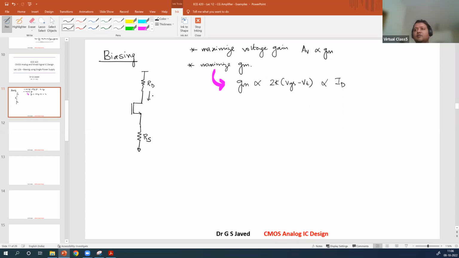If the current ID is flowing here, then this plus and minus sign will give you the VDS. And this is your gate supply, and this minus will give you the VGS. So to keep this VGS, you need a voltage to appear here.